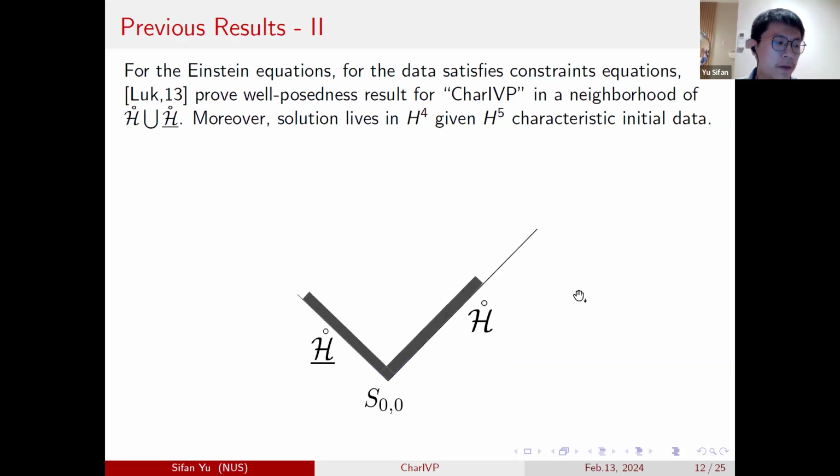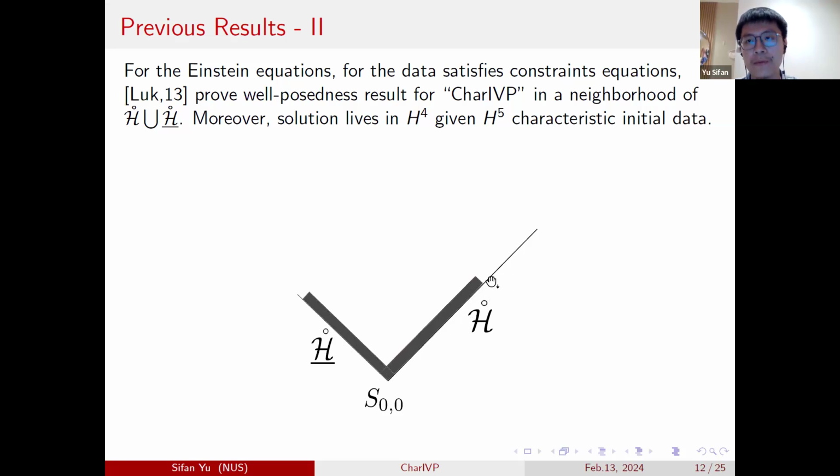All right. Then Rendall's result was extended by Jonathan Luk maybe 11 years ago. Luk shows that you not only have well-posedness in a neighborhood of the initial sphere, you actually have well-posedness in a neighborhood of the initial hypersurfaces.